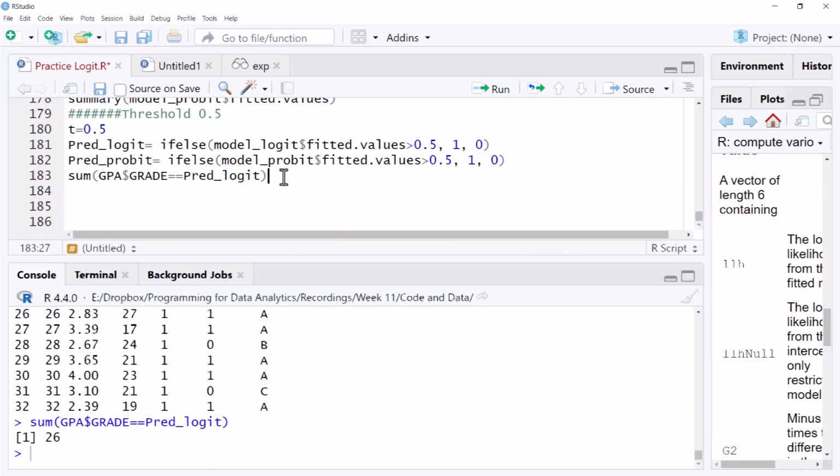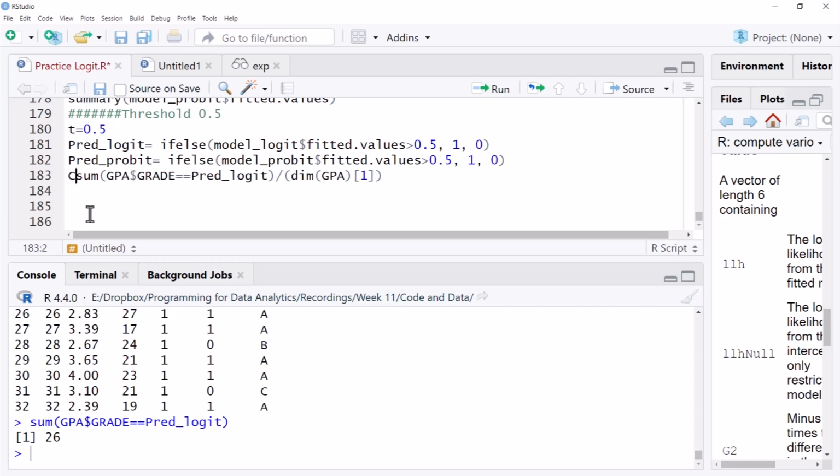Now, if I divide this correct value for logit by the total number of values, and the total number of values can be simply the dimension of the data, for example, dim of GPA1, this would be your count R square.